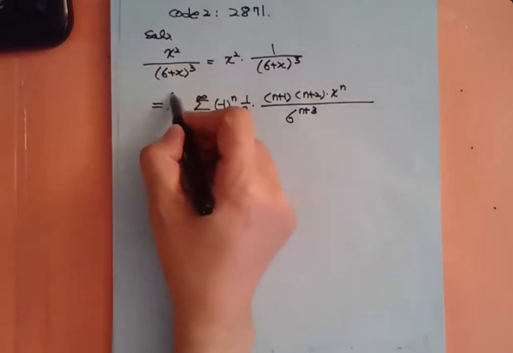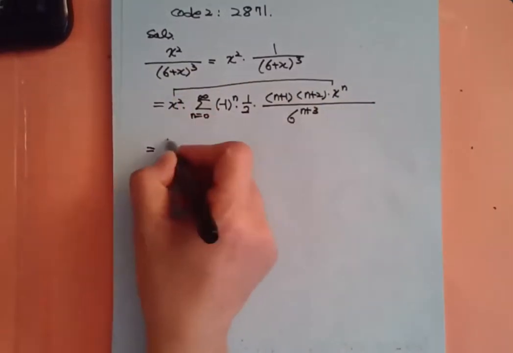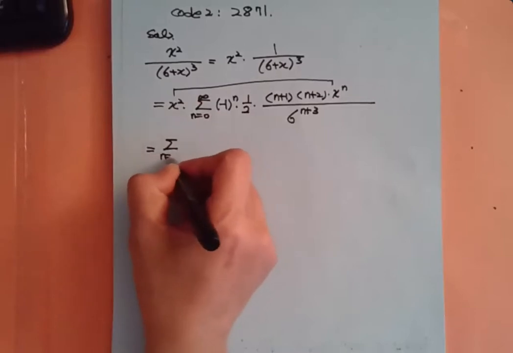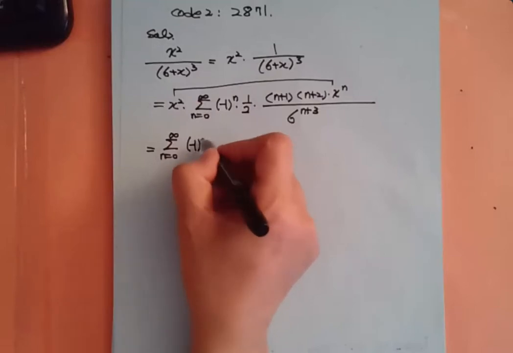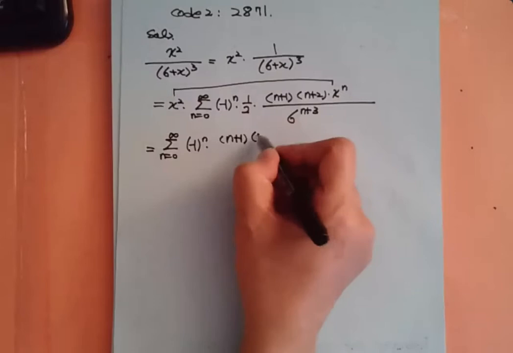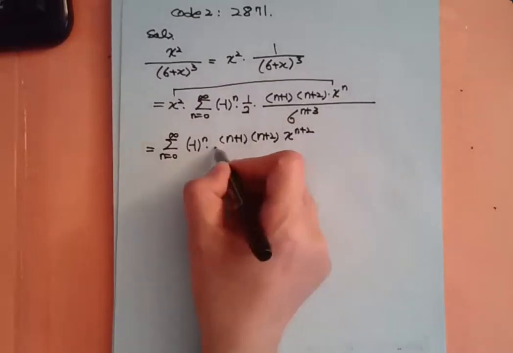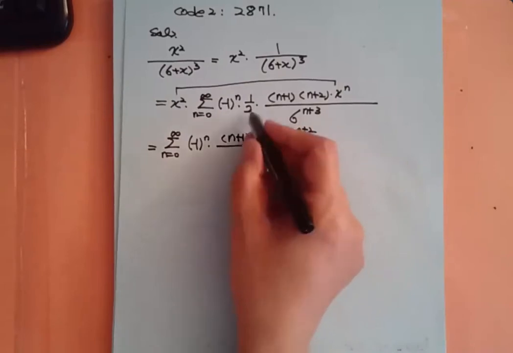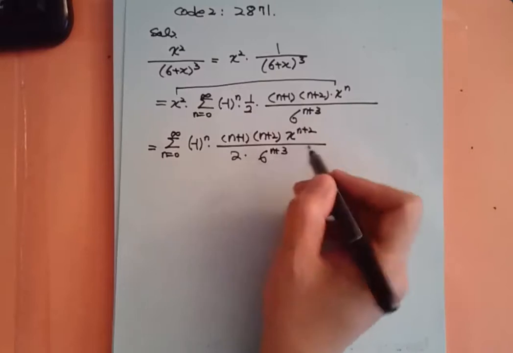And then we want to put this back here. Then we get n equals 0 to infinity, -1 to the n power times n plus 1 times n plus 2 times x to the n plus 2 over 2 times 6 to the n plus 3 power.